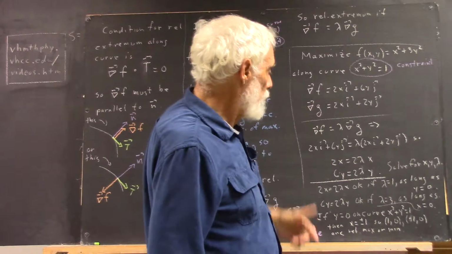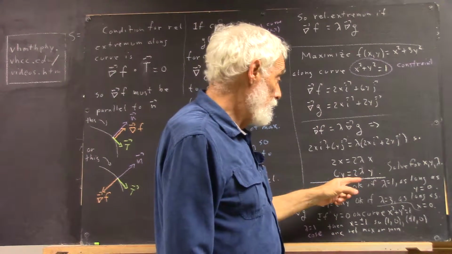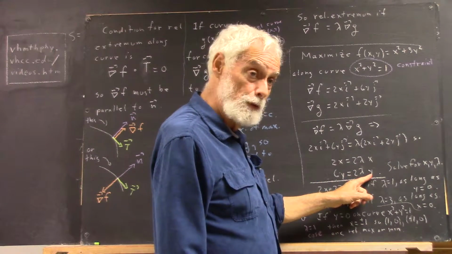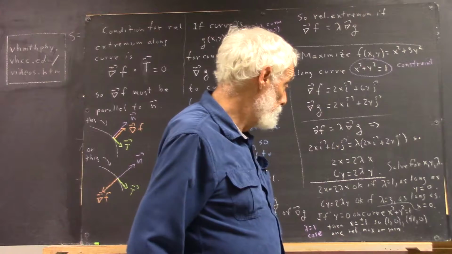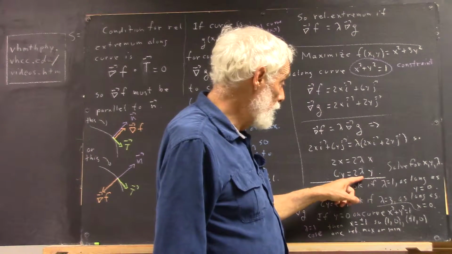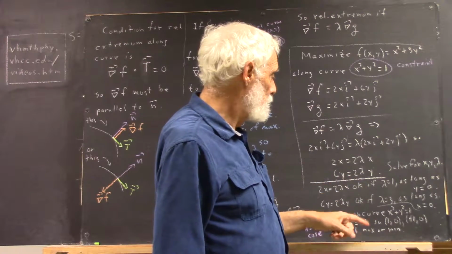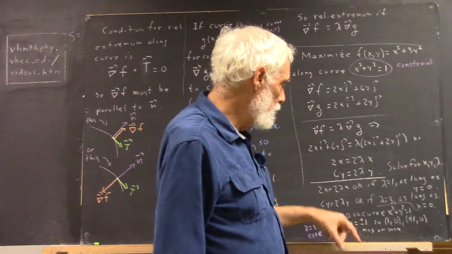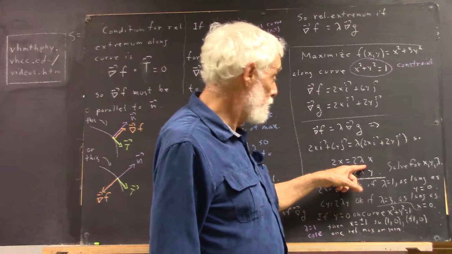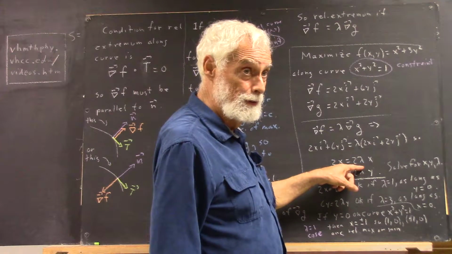Okay, now, you have another solution. I mean, if lambda equals 3, then this equation holds, whatever the value of y. So if y has a non-zero value and lambda equals 3, well, we don't even have to have y having a non-zero value. If lambda is 3, then what does this equation tell you? Well, it tells you 2x equals 6x.